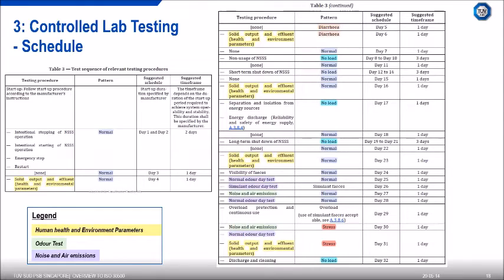For the loading pattern, most of them are normal loading. And then you can see that there are special circumstances for diarrhea and stress testing. The purpose for this is to test the consistency of the results under different load conditions or under different users.